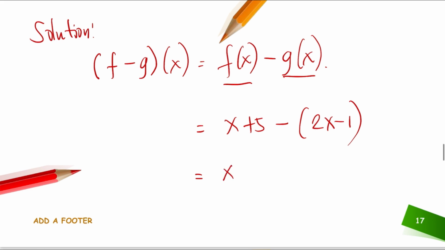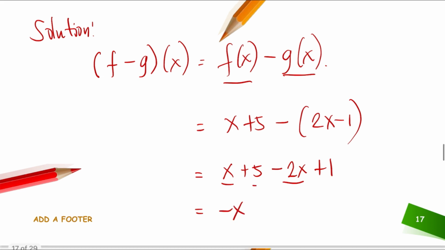So in subtraction, once you subtract a binomial or a polynomial, change the sign of each term. From 2x, it becomes minus 2x. From negative 1, it becomes plus 1. And then, perform the operations. x minus 2x is negative x. And 5 plus 1 is positive 6. And that is the difference of the two functions. Take note that it is also a function.